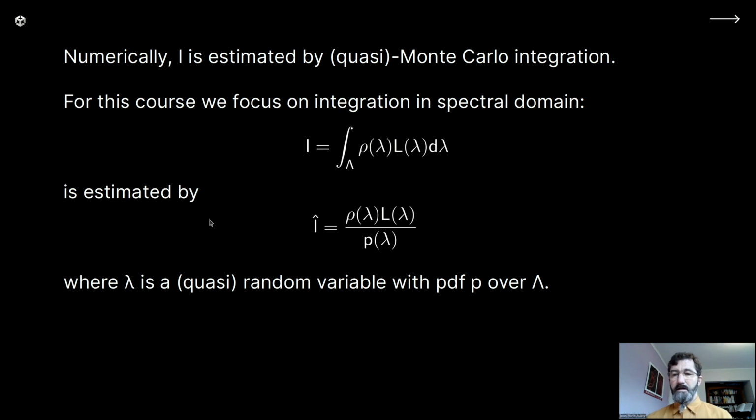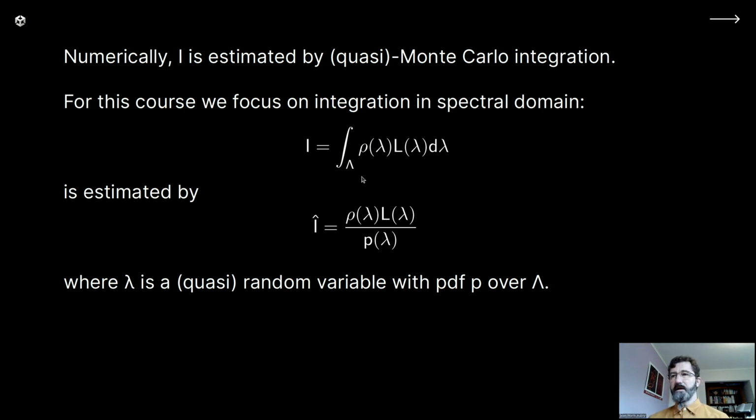So we have this integral, and numerically, the best way to compute it is to do a quasi-Monte Carlo integration. Now for this course, we're going to focus exclusively on the integration in the spectral domain. We will come back to sampling of the path a bit later.